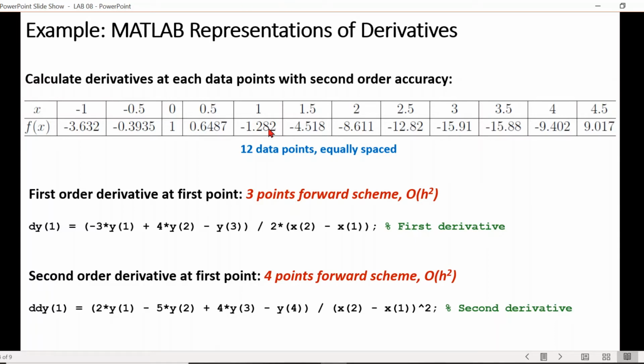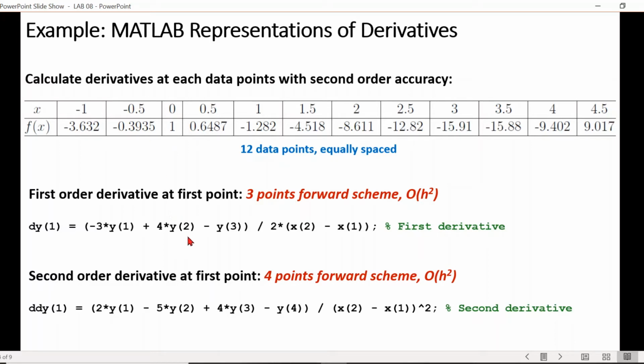For example, x1 represents the data point -1, x2 represents the data point -0.5, y1 represents function value -3.632 at data point -1, y2 shows the function magnitude at data point -0.5.